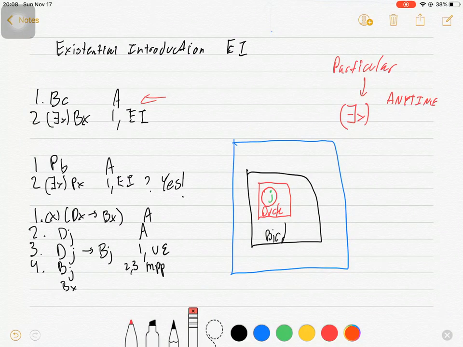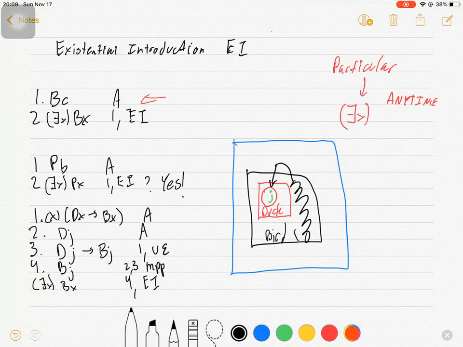What we can show, however, is that there exists some x, such that x is a bird, from 4 using EI. And does that follow? Well, yes. We're talking about some particular thing, in this case Jumpy, being in the bird box. And if Jumpy, a particular item, is in the bird box, then it follows that there exists something that is a bird.